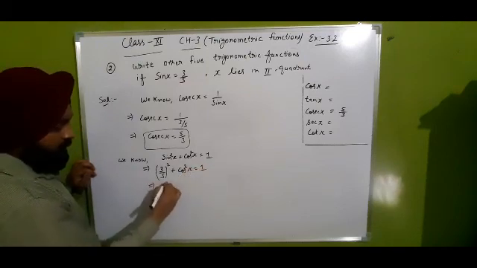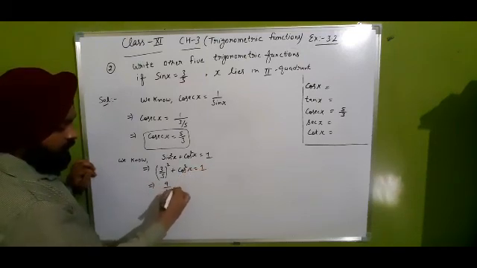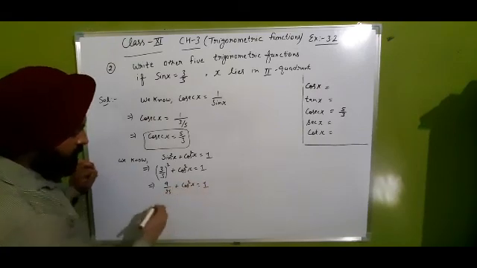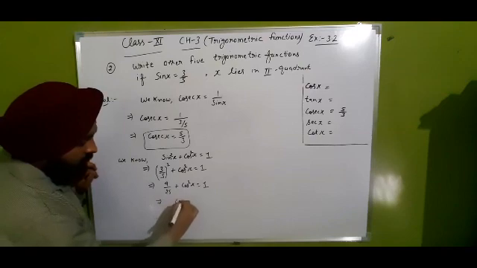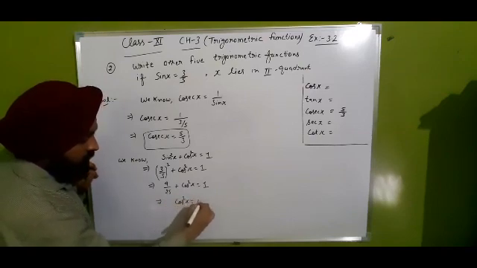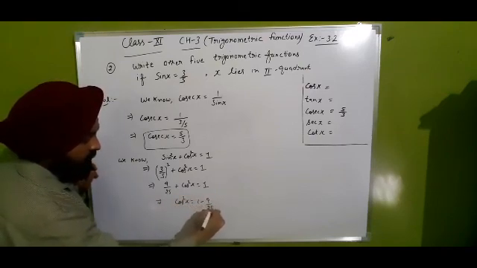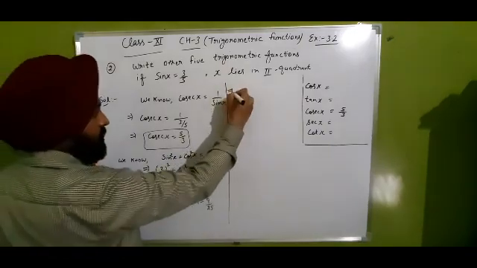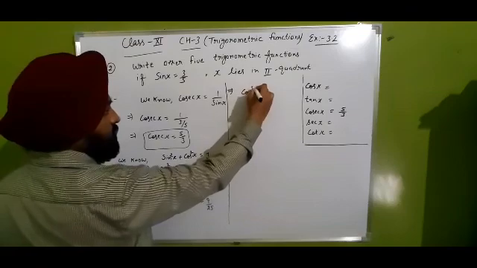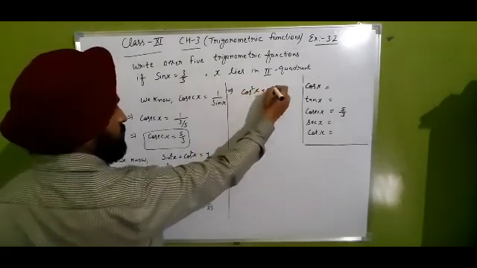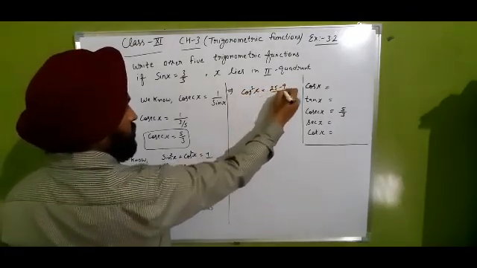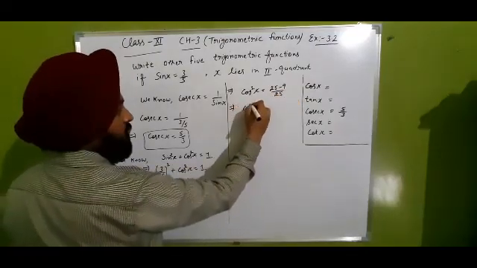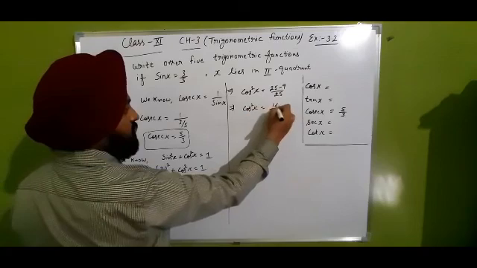It implies 9 upon 25 plus cos square x equals 1. It implies cos square x equals 1 minus 9 upon 25. Now we have to solve further. It implies cos square x is equal to, take LCM, 25 minus 9 upon 25, which implies cos square x equals 16 over 25.